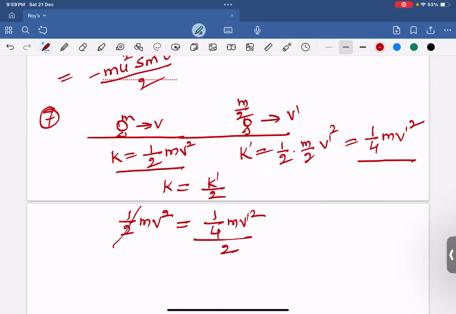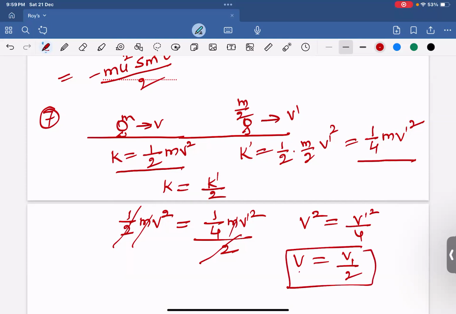This half I am cancelling, m I am cancelling, so I can find that v square is v dash square by 4. It means that v is equal to v dash by 2. This is the velocity of the person and v dash is the velocity of the boy. Tell me, up to this you have understood?